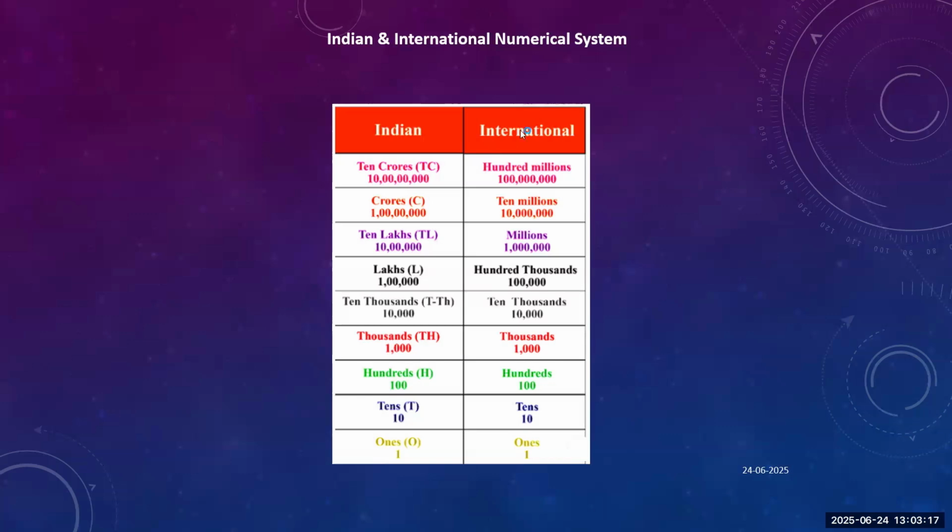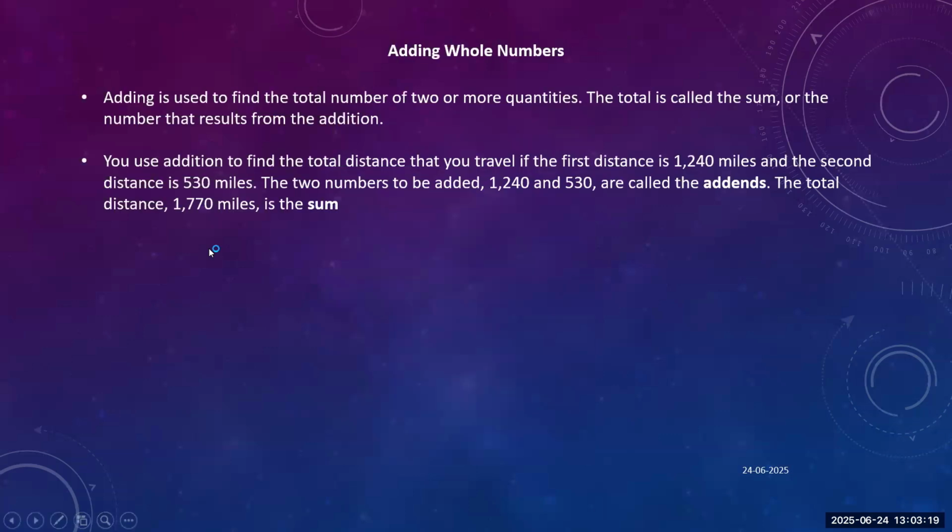So this is a comparison between the Indian numeral system and the international numeral system. Now, first step, we will get problems on addition of numbers. The total of two numbers is called the sum. We use addition when you have to find the total of anything.